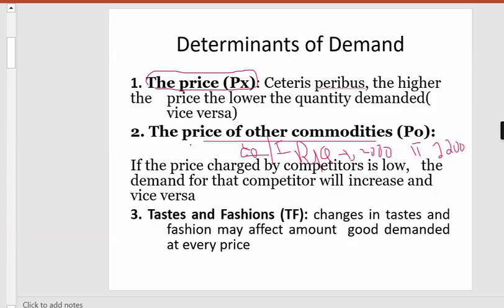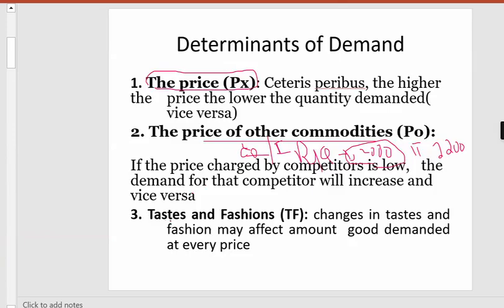This is actually how the price of another competitor can affect demand. It means that most buyers will prefer buying their rice from firm 1 because the price is low. Kwa hiyo demand ya rice kwa seller 1 itakuwa ni kubwa kuliko kwa seller 2. So if the price changed by the competitor is low, the demand for that competitor will increase, and vice versa.